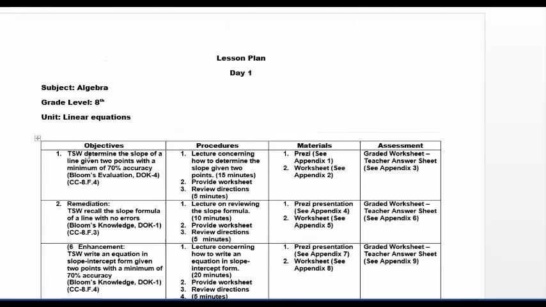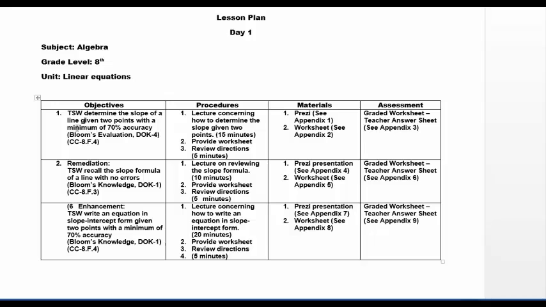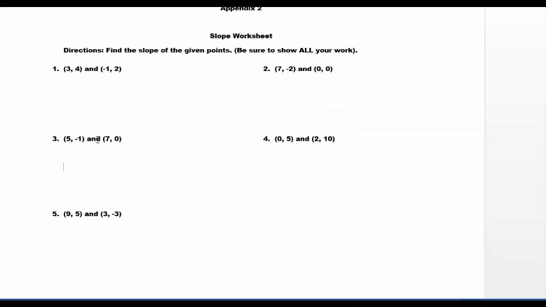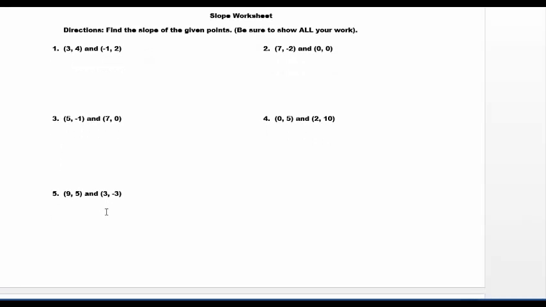So with a minimum of 70% accuracy, there are 1, 2, 3, 4, 5 problems, so it'd be 20 points each. So 20, 40, 60. So in order for the student to master this objective, they will need to get 3.5 of these correct, or common sense would say they need to get 4 of these 5 problems correct.